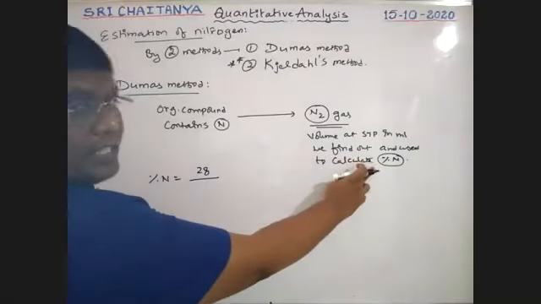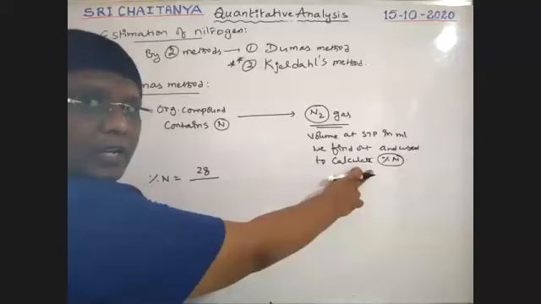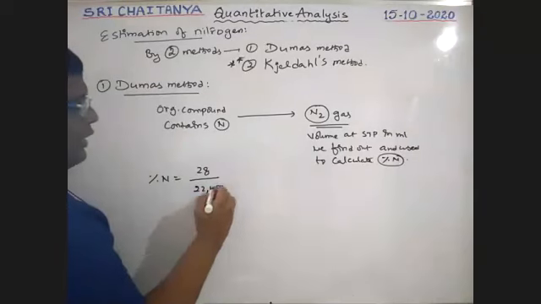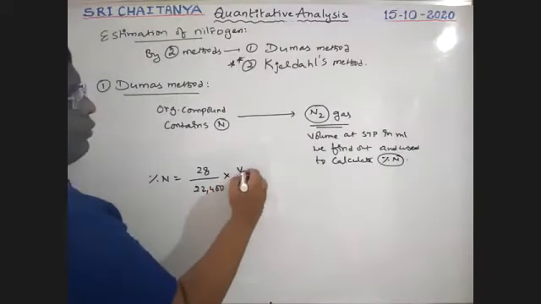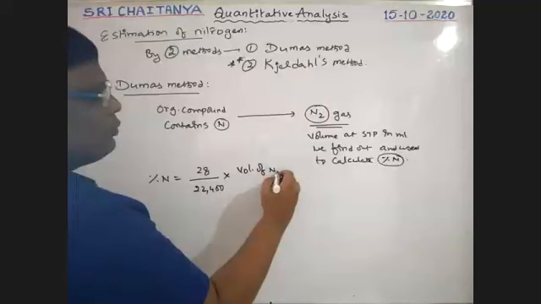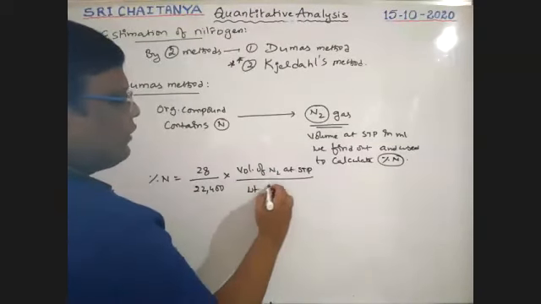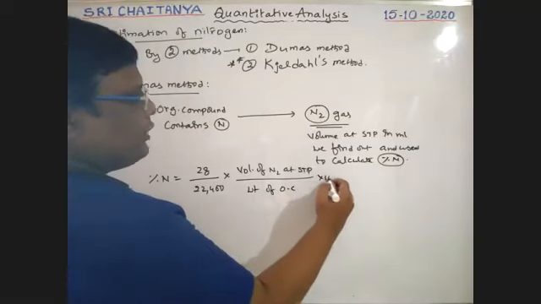Here we are considering volume. That is why, instead of molecular weight, in terms of volume it is gram molar volume, that too in ml, that is 22,400, into volume of N2 at STP by weight of organic compound into 100.